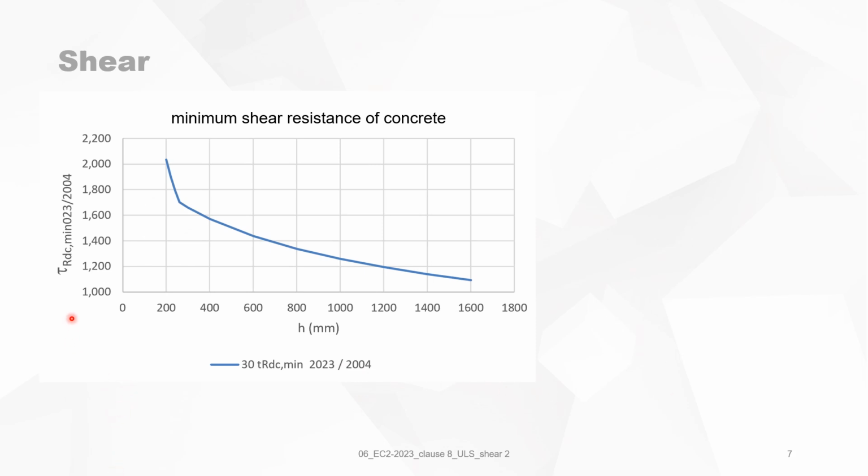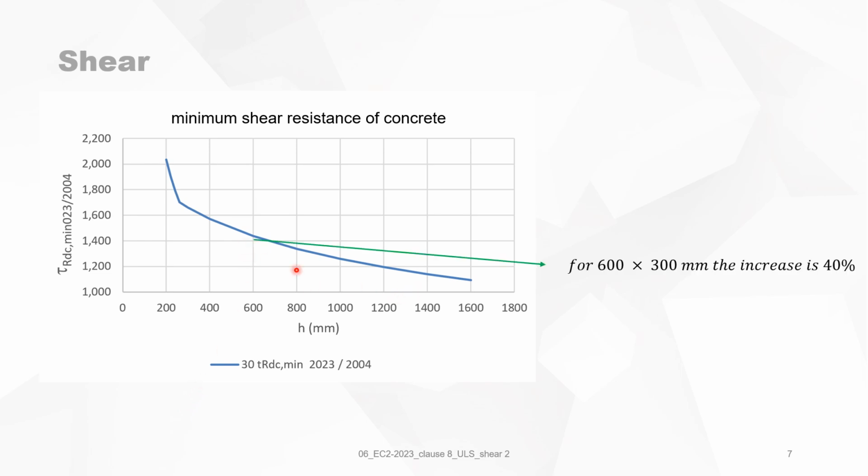Take now this graph. On the x-axis, we have the concrete depth of 200 up till 1600 with a concrete quality of C30, which is 30 megapascal. And on the y-axis, it's the ratio of the shear stress that the concrete can take, but it's the minimum value of the shear stress that the concrete can take divided by the minimum shear stress of the concrete of the version 2004.